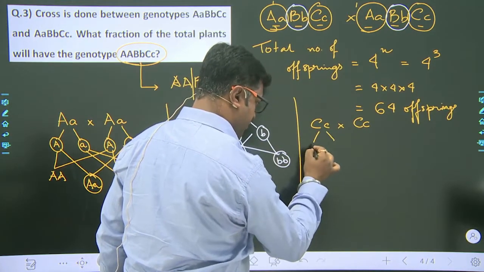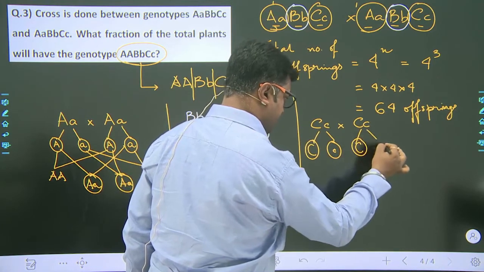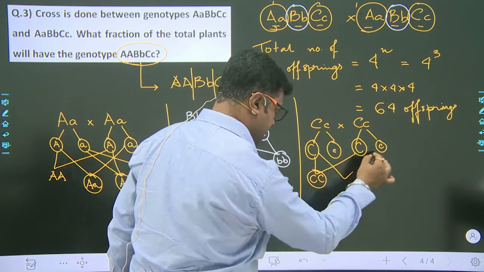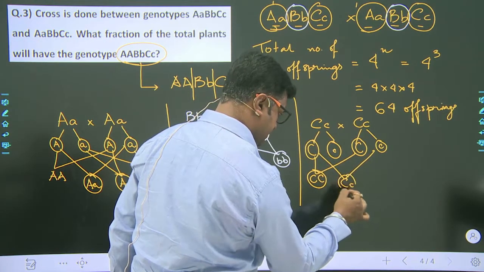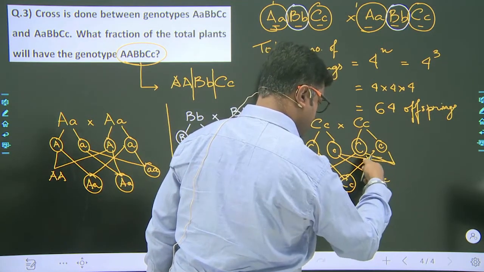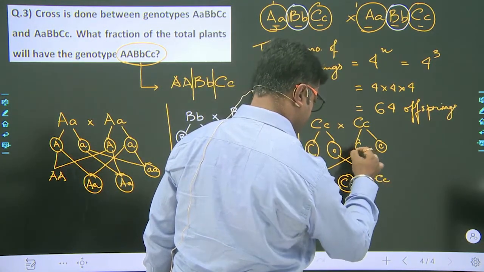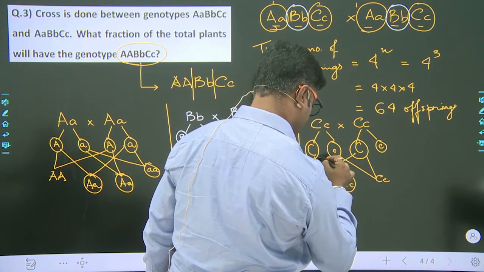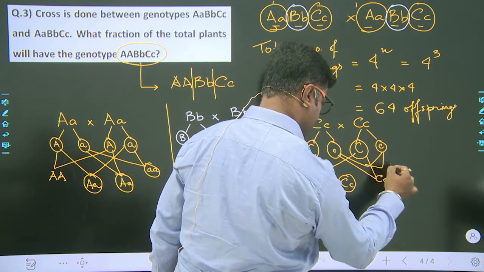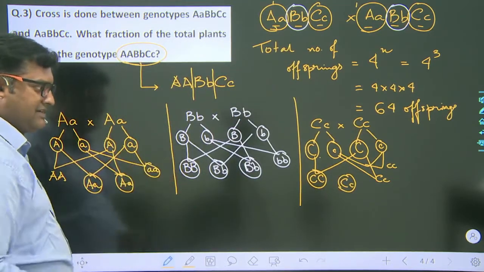The same thing will follow: capital C with a small c, capital C with a small c, this to capital C, this to capital C small c, this to capital C small c, and then we will be having small c. So, here also we will be finding the same category.